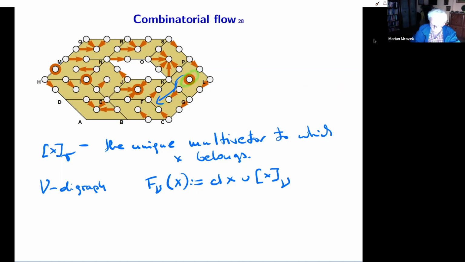So it turns out to be working pretty nice in practice, this modified definition.